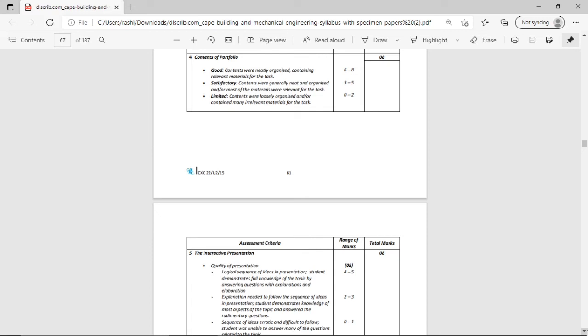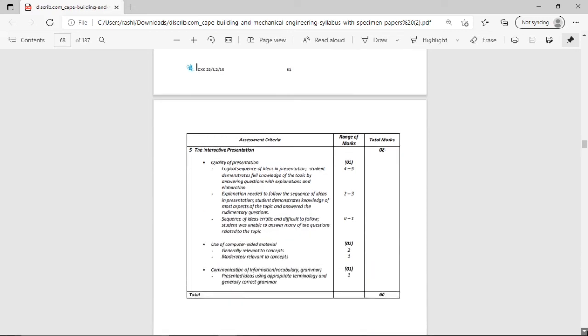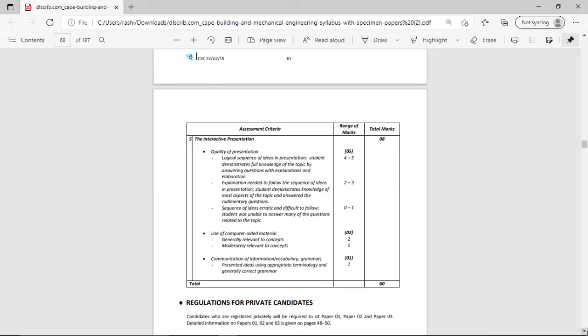So it's going to be printed and put in your folder in your portfolio, which should be nicely bound. It should be neat, and once you have everything that you should have in your folder, you get 8 marks. Now the interactive presentation, I went through the presentation. So for having the presentation, you get another 8 marks.